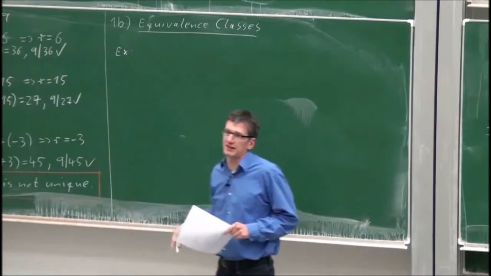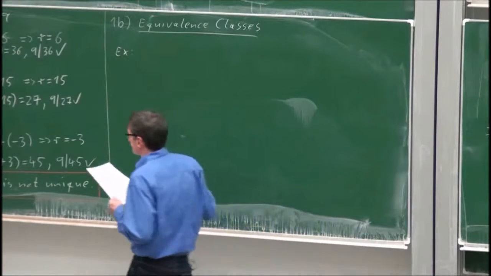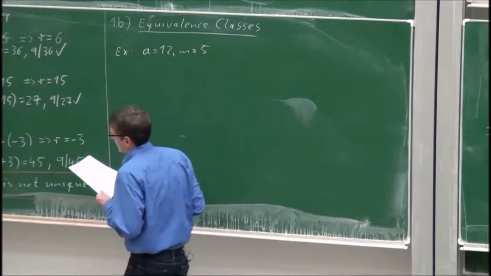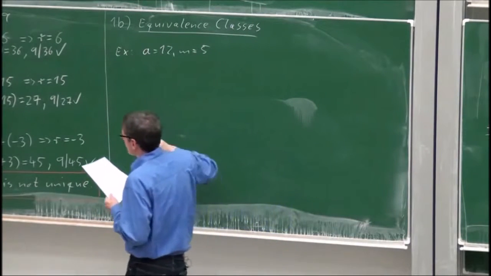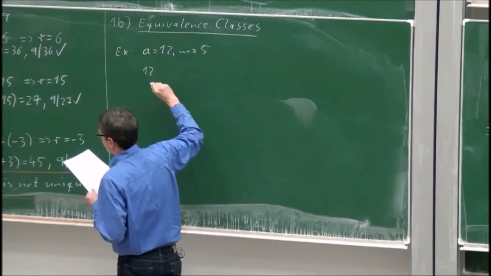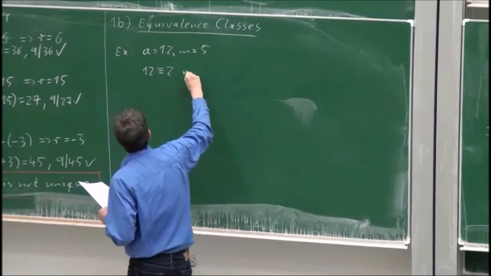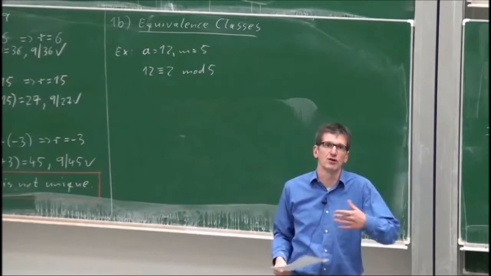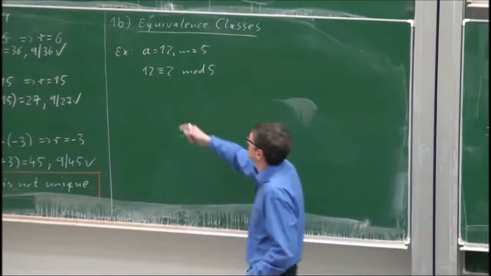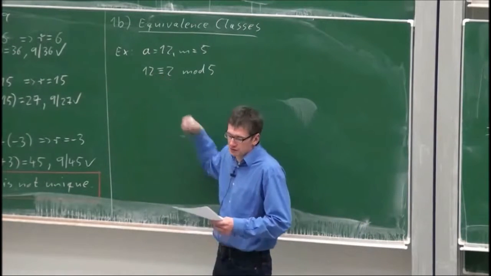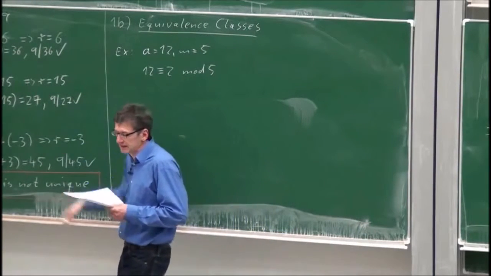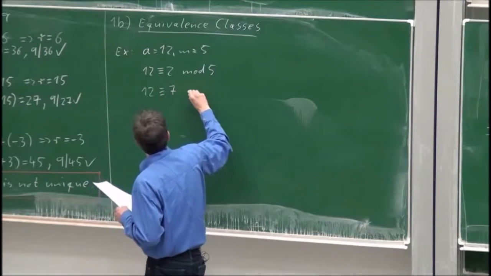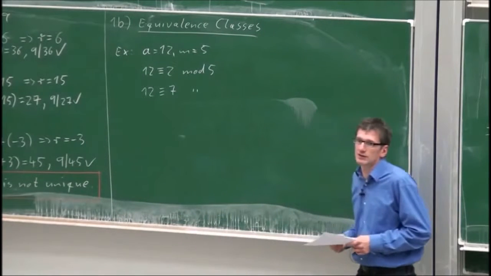Let's first start with another set of examples that are somewhat smaller examples. A equals 12, m equals 5. And then what we see is that 12, this holds. This is kind of the normal thing, right? We look how often does the 5 fit into the 12. 2 times, we get a remainder of 2. But then we do the same funny thing here. 12 is also equivalent to 7.